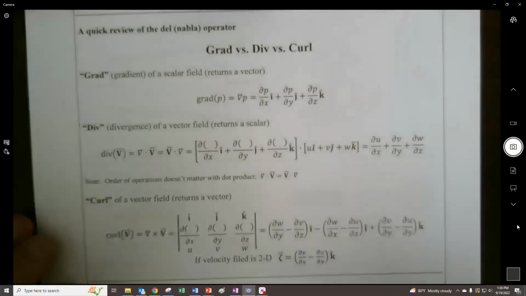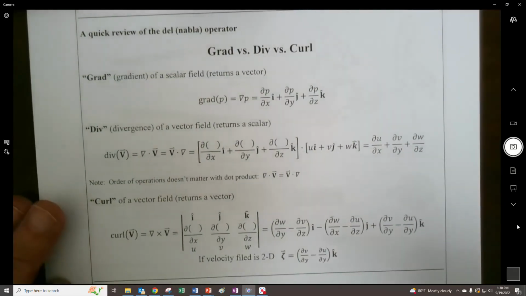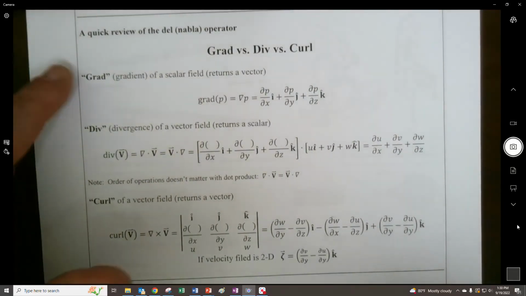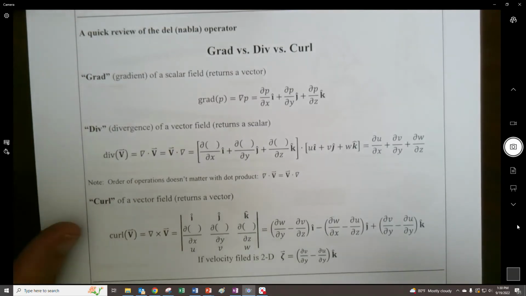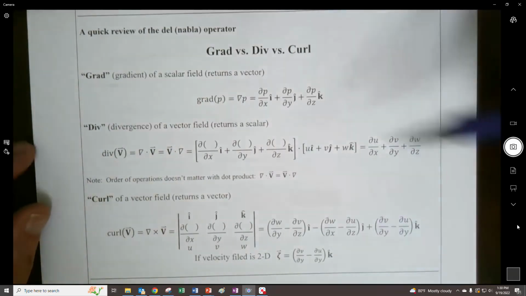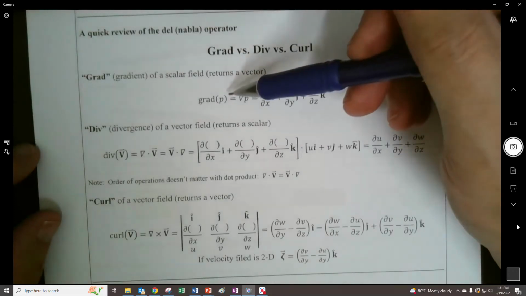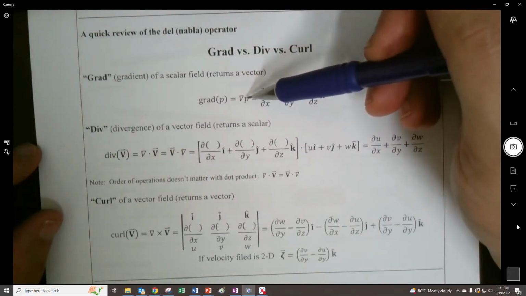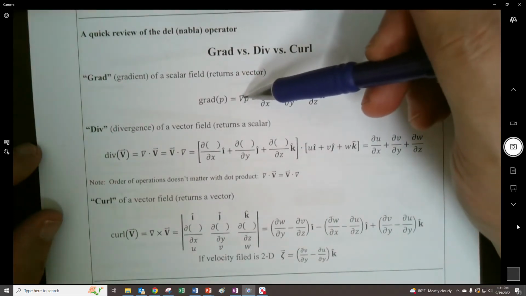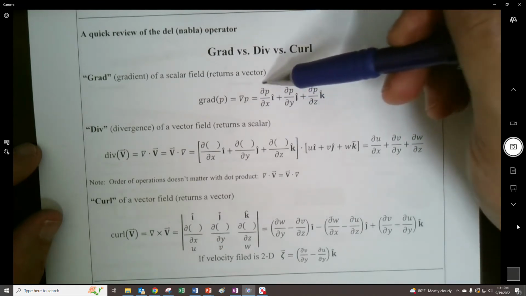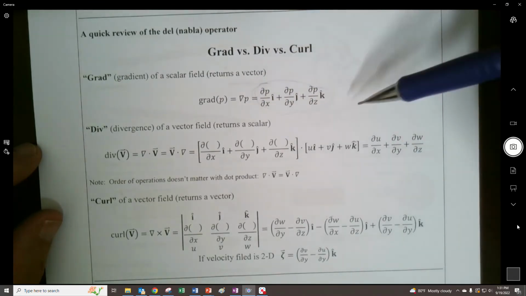I put this in here probably for my own sake, because I remember being confused by this gradient, divergence, and curl type of thing. For our main purposes, the gradient, the most important one, is the pressure gradient, where we're taking this nabla and multiplying it by the pressure, and that's giving us a vector, right?